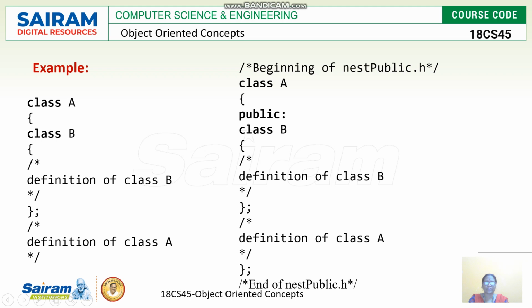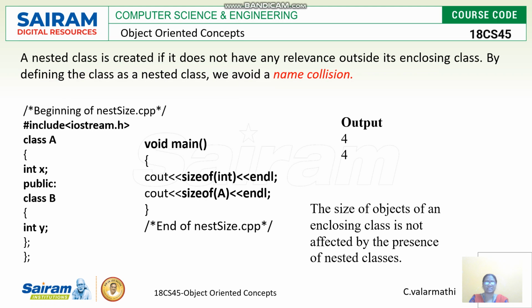The same kind of definition we can define in public mode. On the right side, after class A in public, class B is defined. So this type of definition is done in public mode and this type is done in private mode. These two are the valid ways of defining a nested class in an enclosing class.